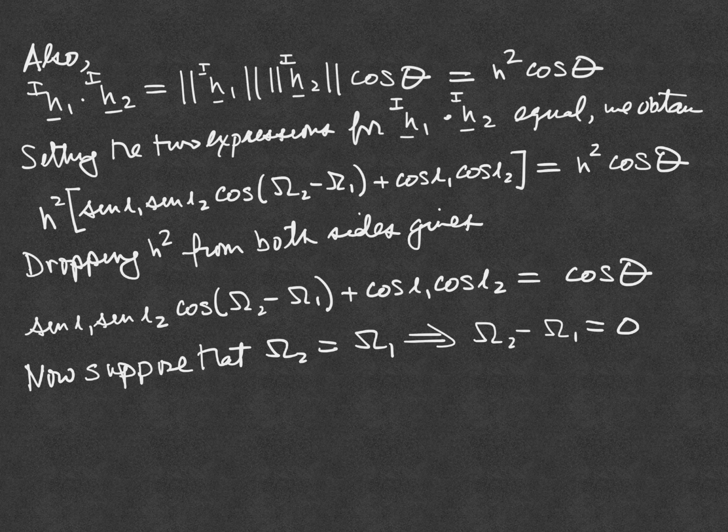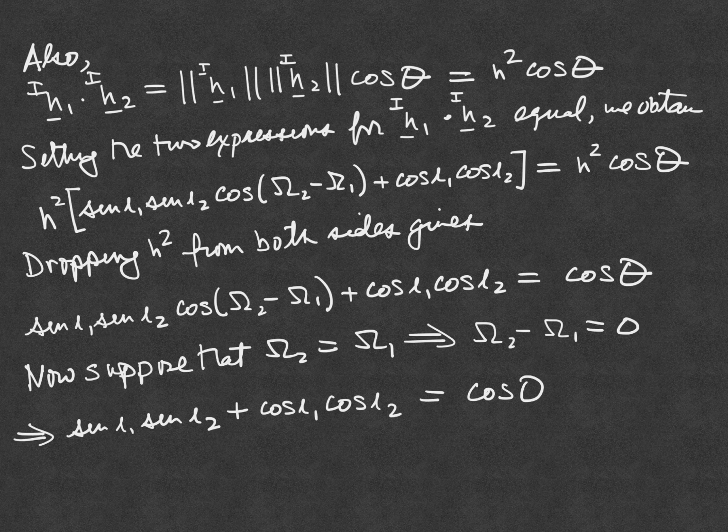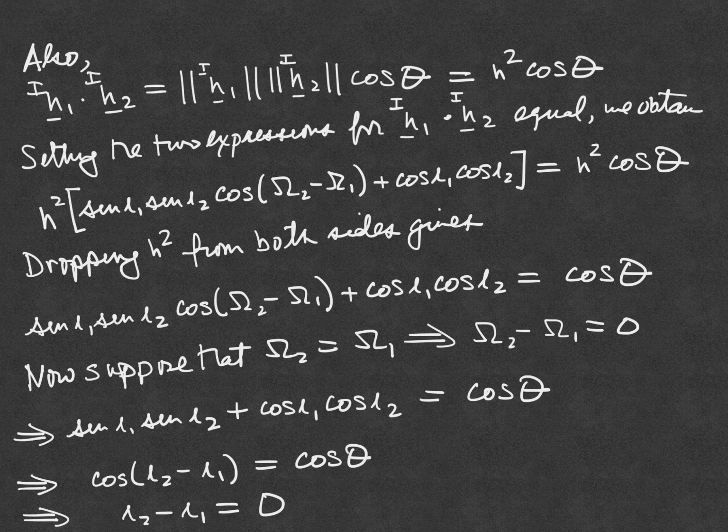So in that case, we obtain sine I1 sine I2 plus cosine I1 cosine I2 is equal to the cosine of the angle theta, which can further be simplified to cosine of I2 minus I1 is equal to the cosine of theta, because sine I1 sine I2 plus cosine I1 cosine I2 is equal to the cosine of I2 minus I1, which then implies that I2 minus I1 is equal to theta.